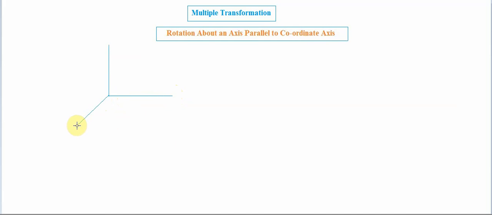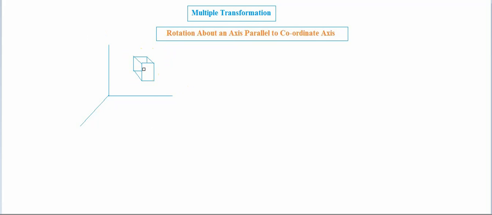Fine. So now here let's say we'll have one object. This is one object which we have seen last time. I'll try to make it in a 3D way. Okay. Fine.